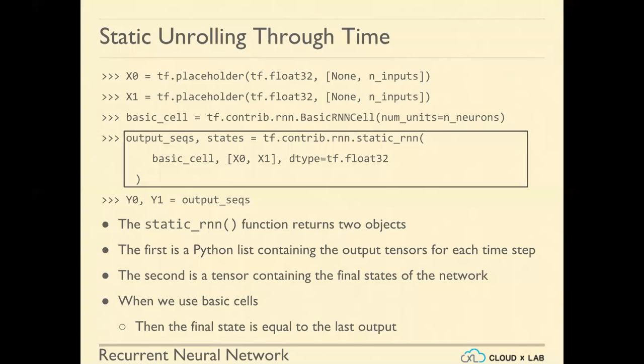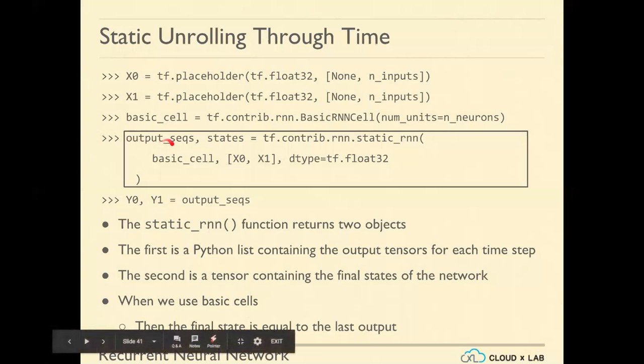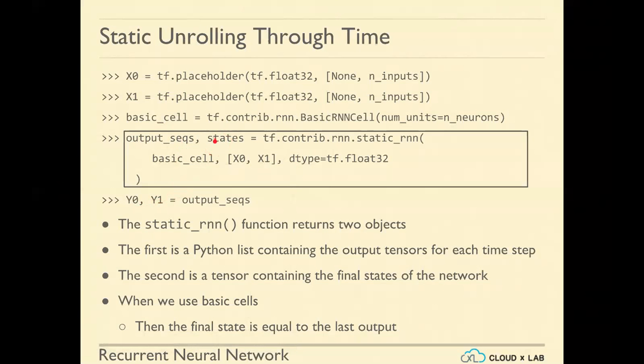And the second is a tensor containing the final states of the network. In this case, y1 is going to be equal to the final states. When we use basic cells, then the final state is equal to the last output. So the output sequence is the output of x0, x1, that is y0, y1, and the states are basically equal to the last output.